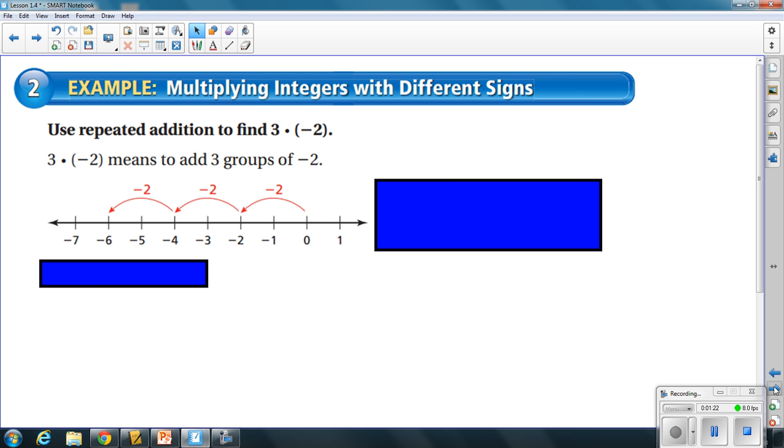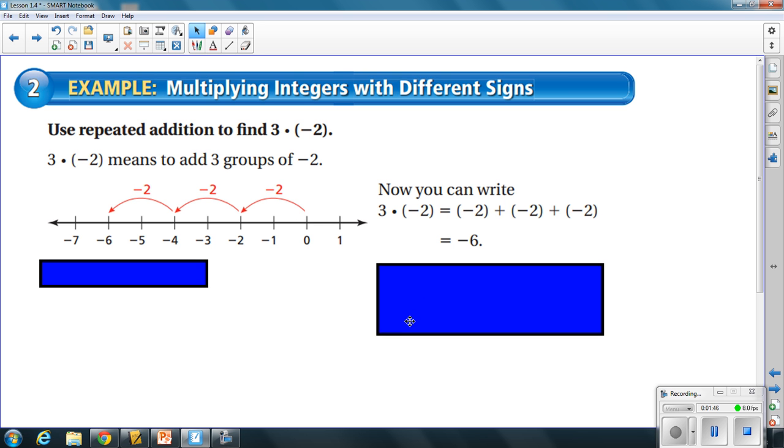Example number 2, we are going to multiply integers with different signs. So one number is positive, one number is negative, different. So what does that mean? It means 3 times negative 2 in addition means to add 3 groups of negative 2. So if I'm at 0, group 1, group 2, group 3.